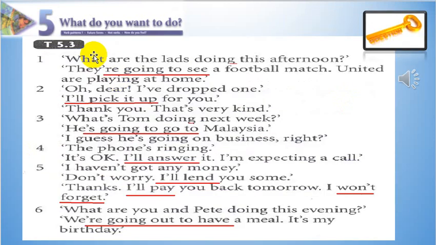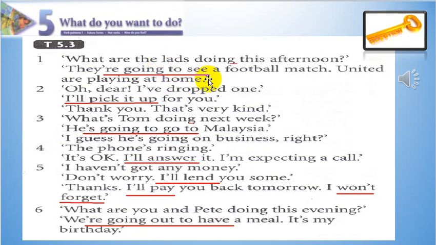Okay. Now, on 5.3, here is an exercise, also a key exercise on which one to use. What are the lads doing this afternoon? They are going to see a football match. United are playing at home.